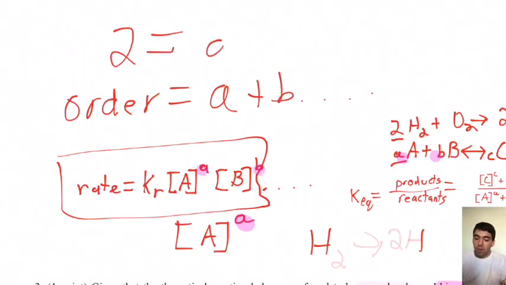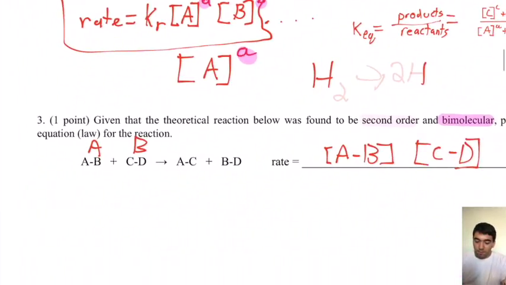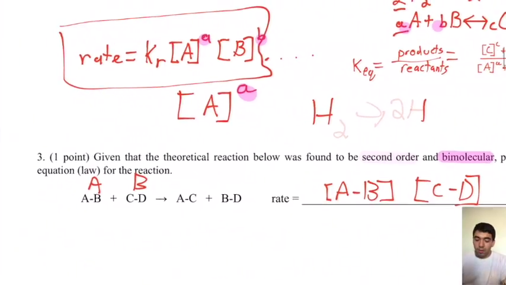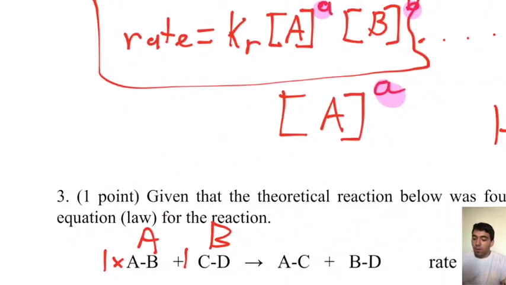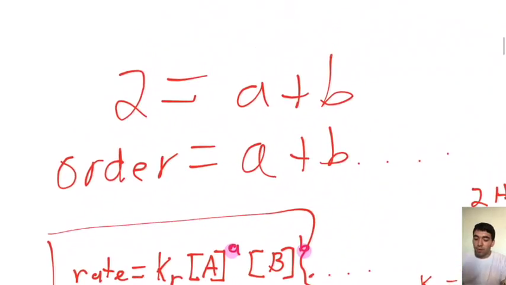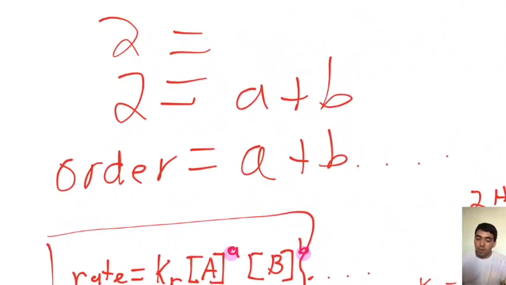So a plus b equals 2. These things have to add up to 2 total. From our equation, we know that their coefficients are 1, because when something doesn't have a coefficient, we can always assume it's 1 times that. Since they're both 1, they add up to 2, and that fits our second order.